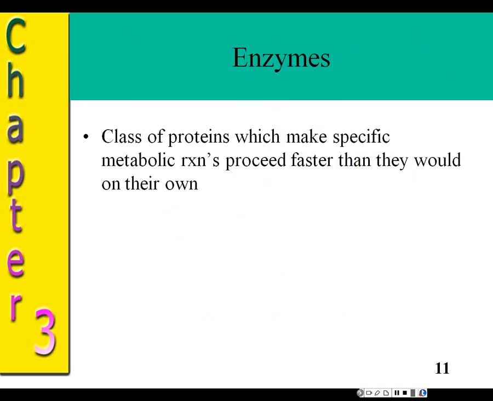So what are enzymes? They are a class of proteins which make specific metabolic reactions take place at a much faster rate. It's not that these reactions won't take place, but they're going to occur at a much faster pace than normal.